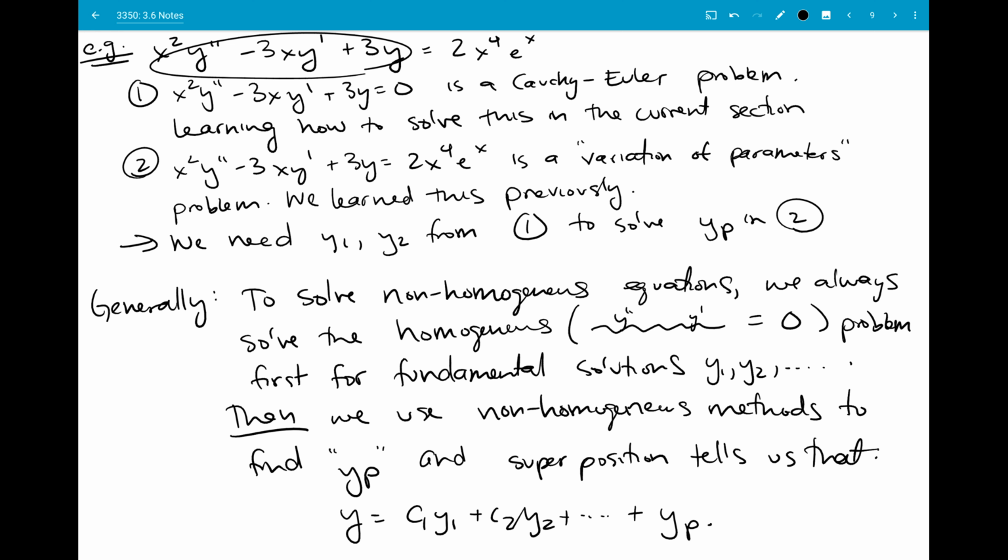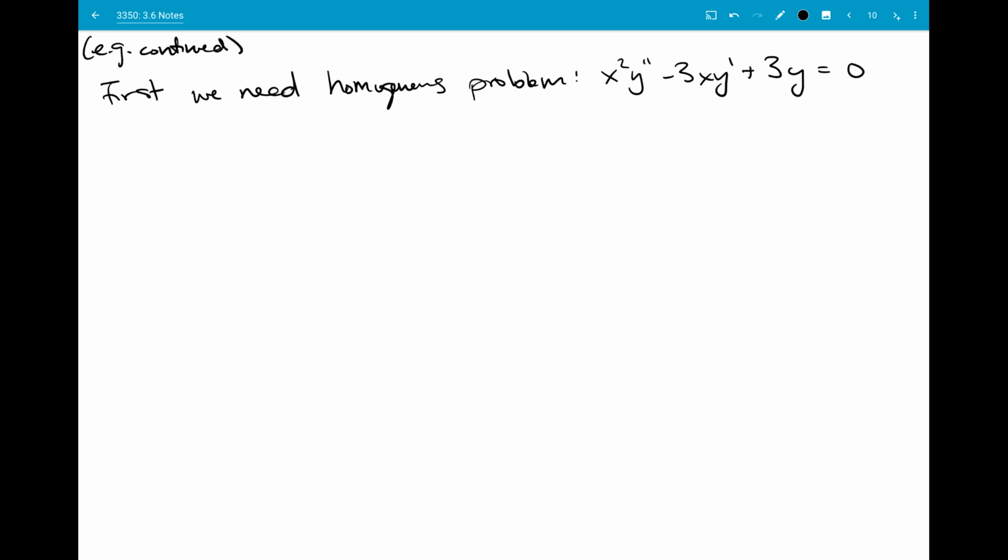So all I've done is take our differential equation and ignore the non-homogeneous part. We set it equal to 0. That's the first thing we always do when we see this type of problem. Then we think about all the different ways that we know to solve second order problems. And we see that because there's this x squared y double prime, this xy prime, and then nothing on y, this is a Cauchy-Euler equation.